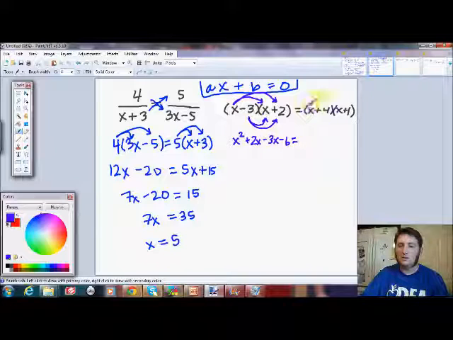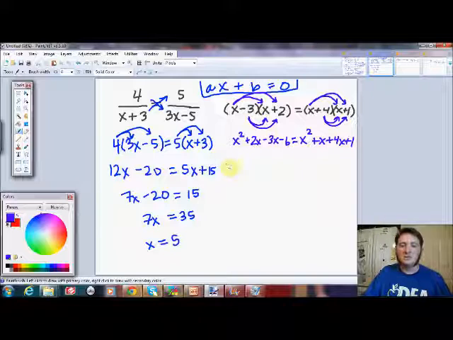Same deal, let's distribute on the other side. X times x is x squared. X times 1 is plus x or plus 1x. 4 times x and 4 times 1, so plus 4x plus 1.